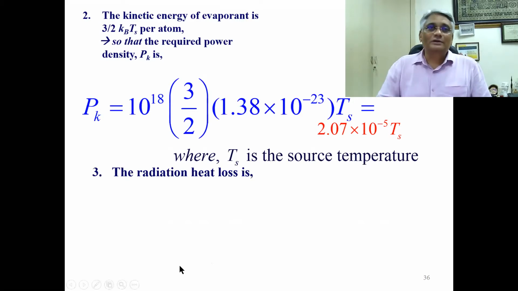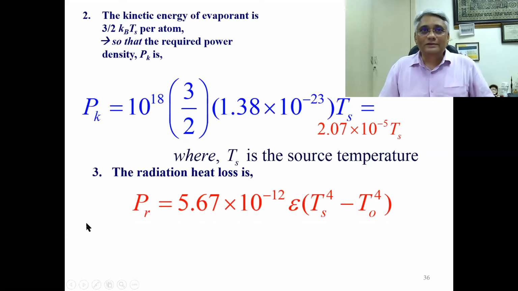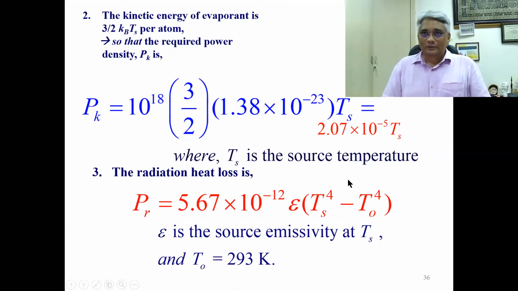The third one is, well, all these points are important, much more important, the radiation heat loss. There could be severe radiation heat losses. And if there's radiation heat loss, suppose the material radiates away all the heat, no melting happens, okay? And that is, of course, the famous T to the power of 4 law applied here.